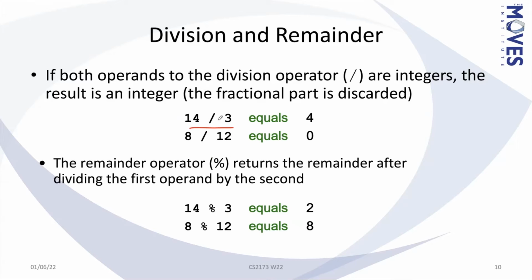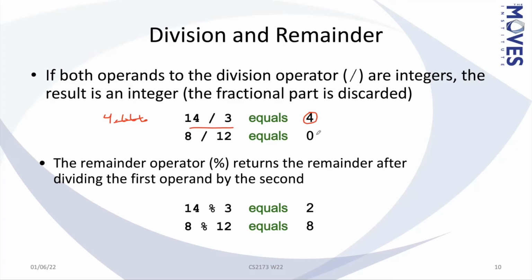And what Java does, and this is not a law of nature, but this is what they decided, is truncate. It does not round, it truncates. So strictly speaking, 14 over 3 is 4.6666, etc. But since these are integers, it will truncate and give you 4. Okay, that's the gotcha. That's the something to watch out for.